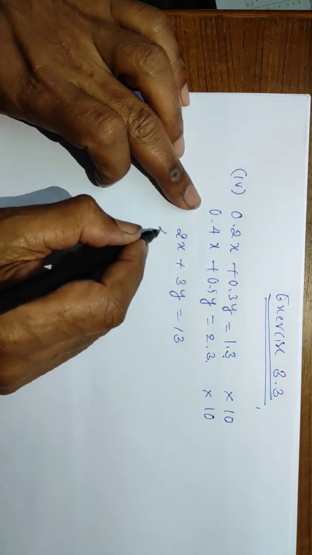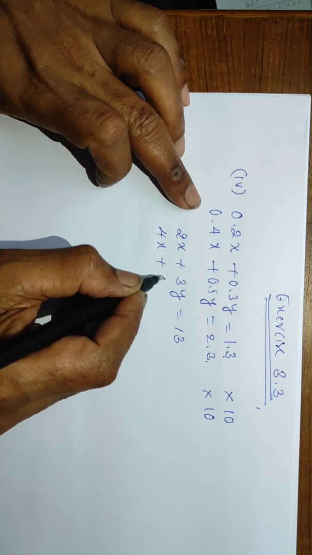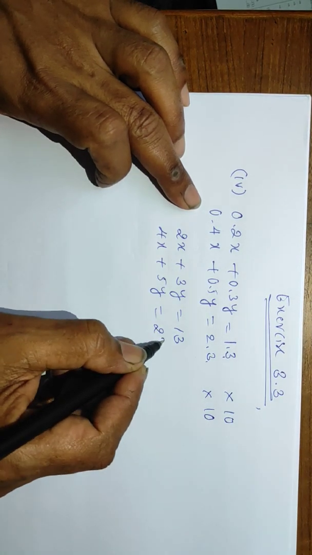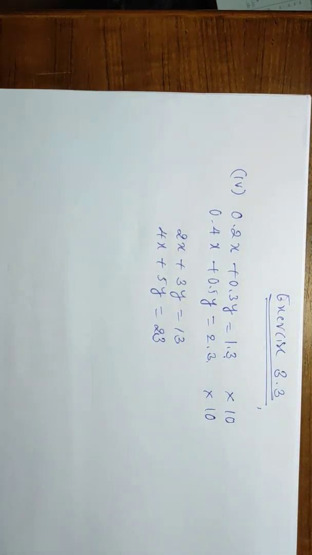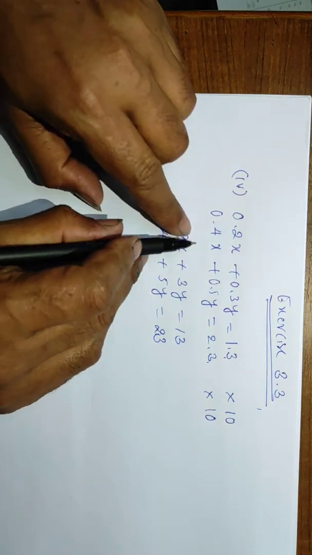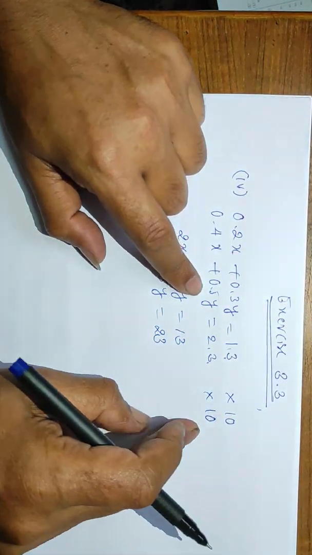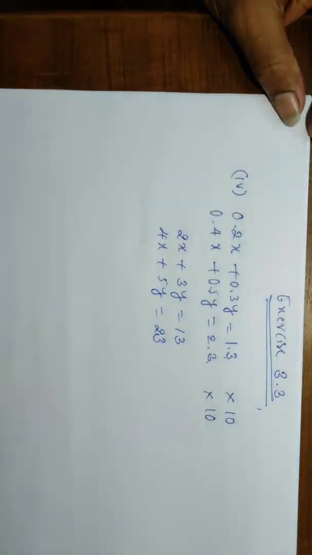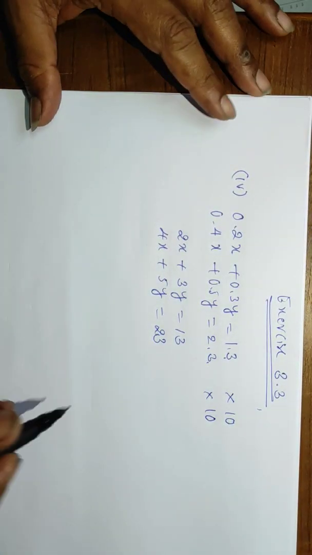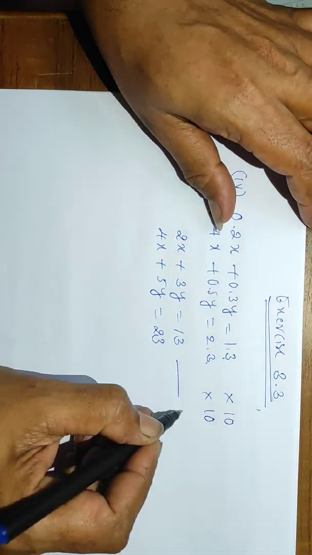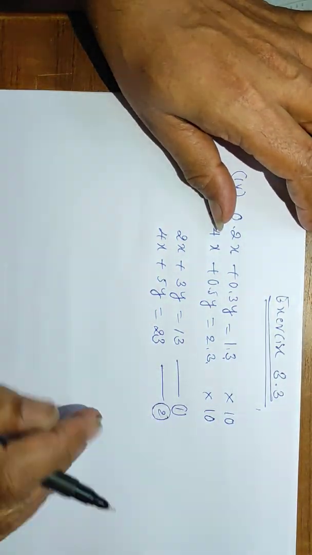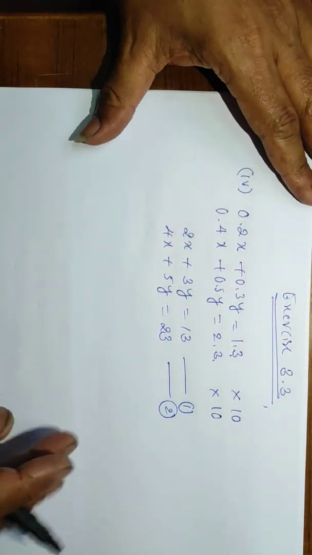Here it becomes 4x plus 5y is equal to 23. If two decimal places are there, you can multiply the equation by 100. Okay. So call this equation 1 and this equation 2.